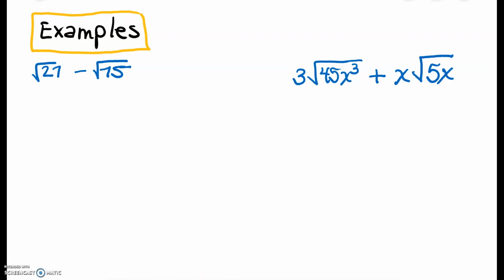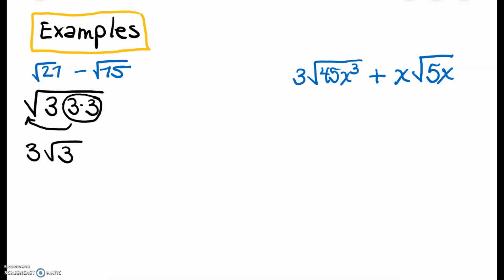We'll rewrite them in terms of their prime factors. 27 is 3 times 9, and 9 is 3 times 3. We have a group of 2 of the same number, so we're going to go ahead and pull that out to reduce it to 3 radical 3.